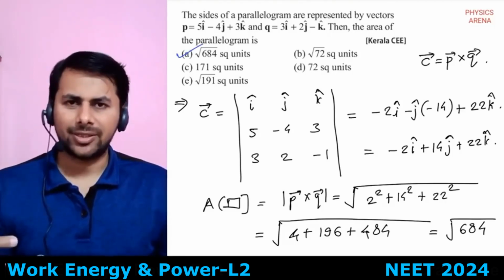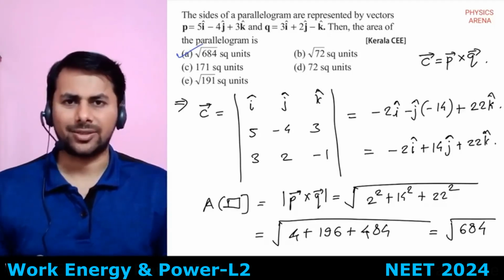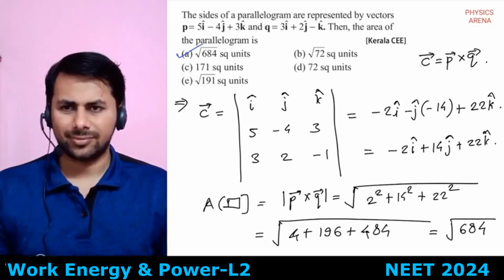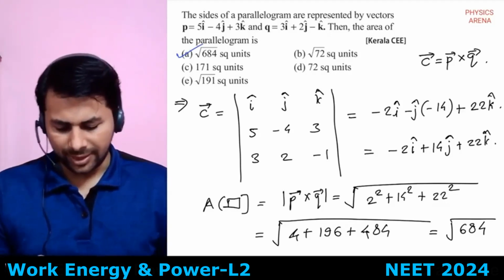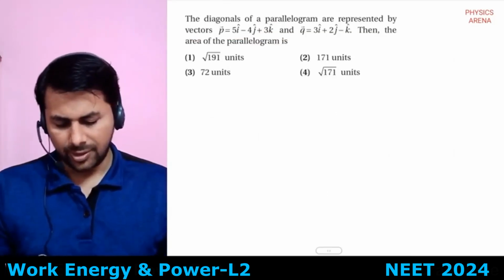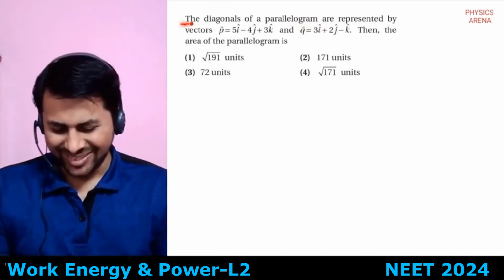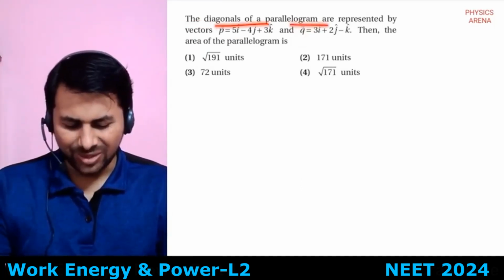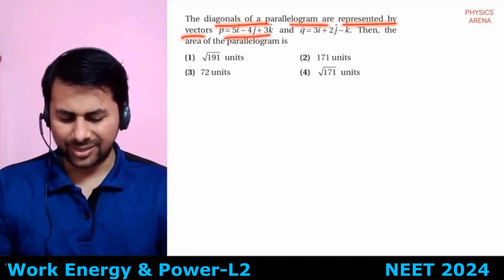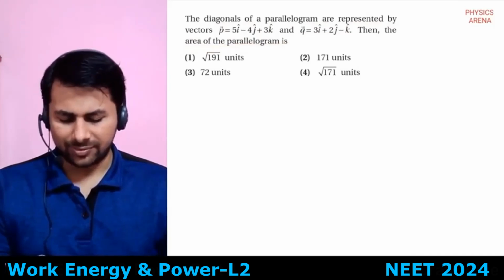If diagonals are represented by two vectors, then it is half of the magnitude of the vector product of the two vectors. Right? So these are sides. And these are diagonals. So the diagonals of the parallelogram are represented by vectors. This is p bar, this is q bar. Then the area of the parallelogram is.